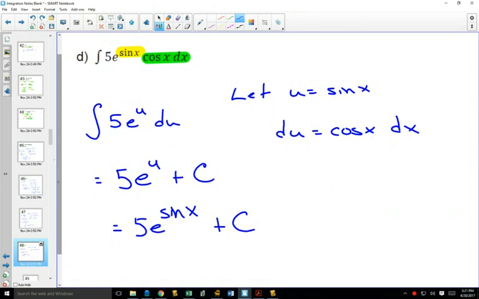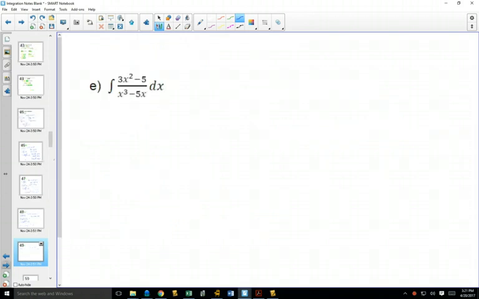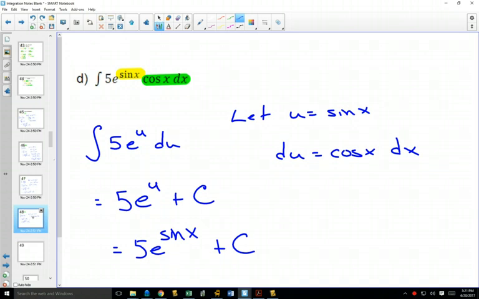There is our integral. This one, I think, is a little bit harder. I can go back to the last one. No problem.